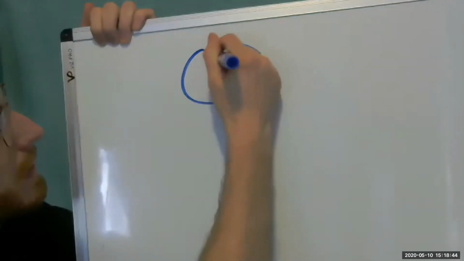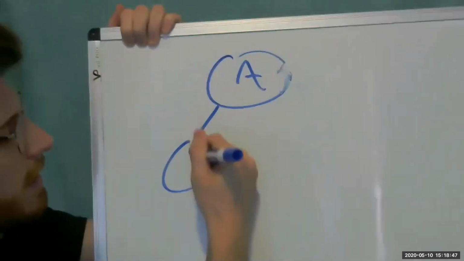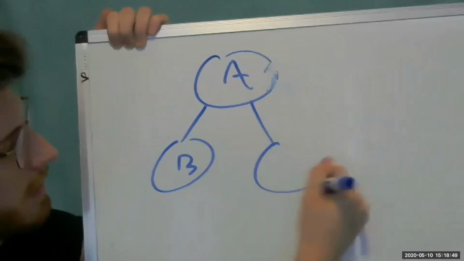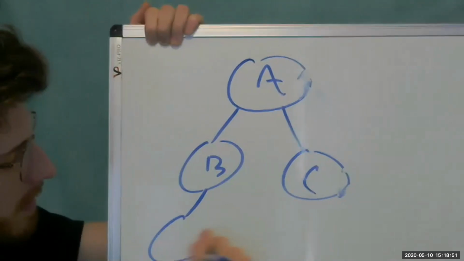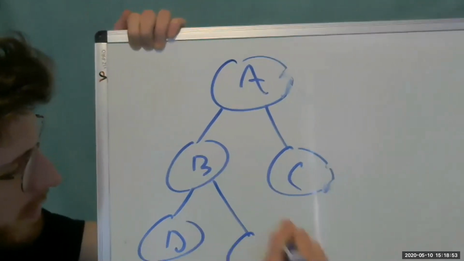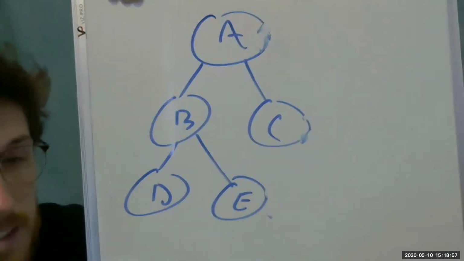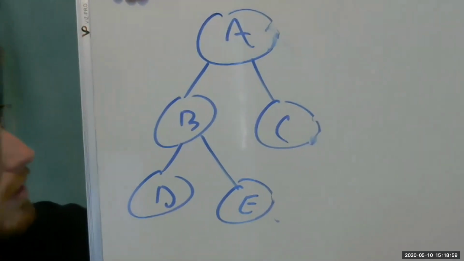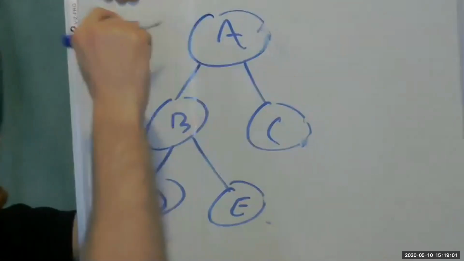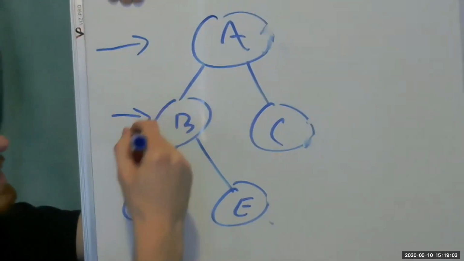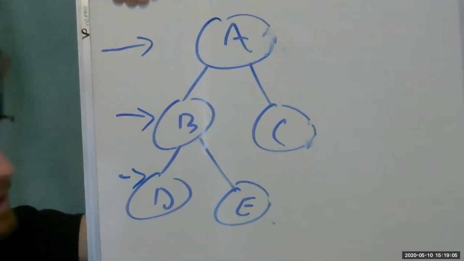Because the question is asking for level by level. Okay. So let's say I've got A, B, C, D, E. I've got this following tree. And it says to do level by level. So breadth first search looks at one level, the next level, and then the next level. That's just how it works.